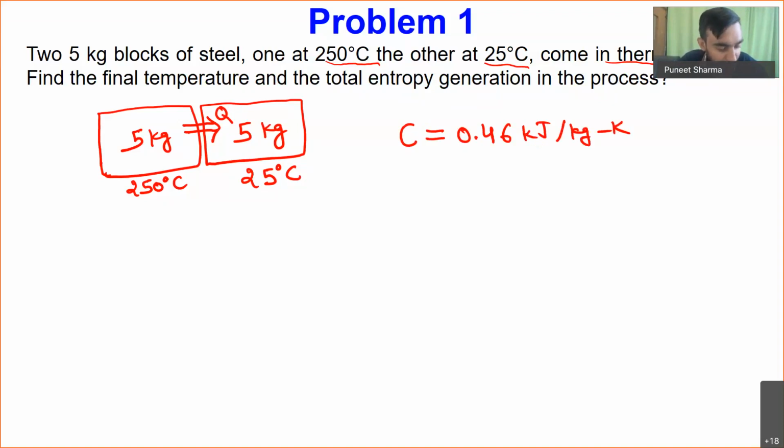Before finding the entropy generation, we first have to determine the final temperature of these blocks. How to determine the final temperature? Say T1 is the initial temperature of the first block and T2 is the initial temperature of the second block.